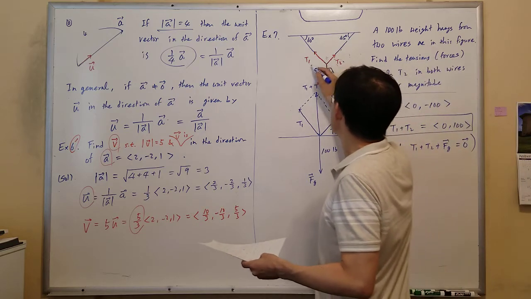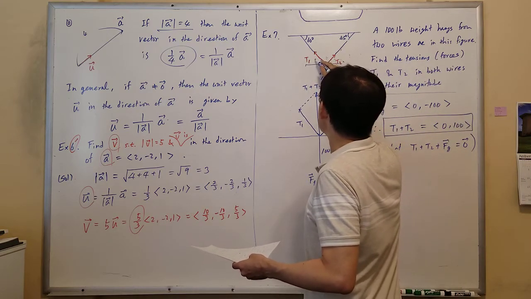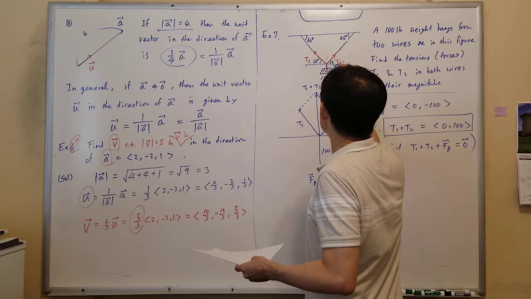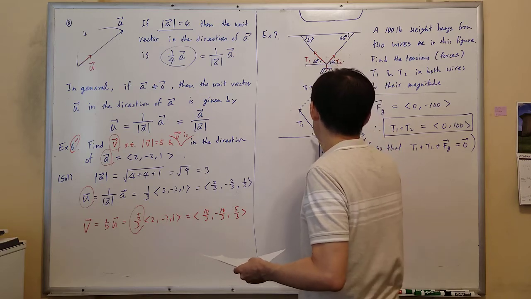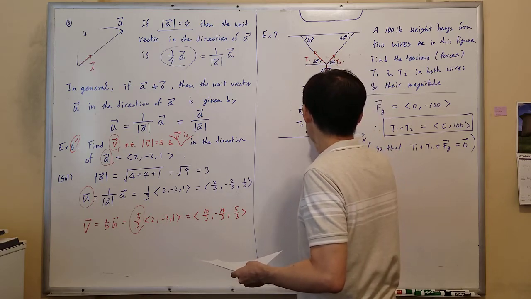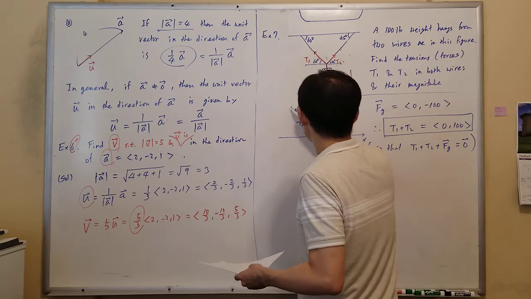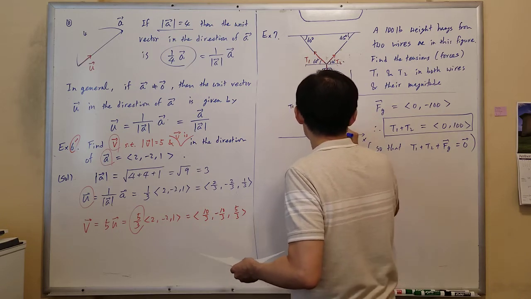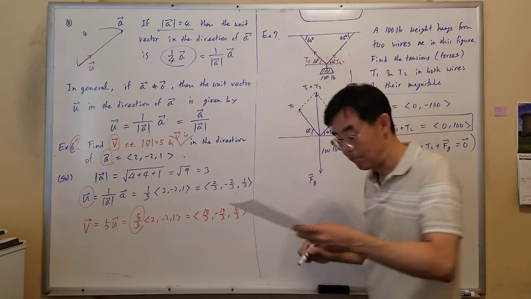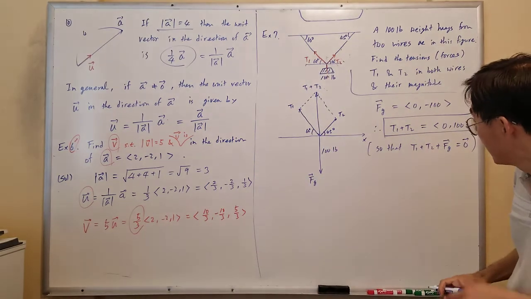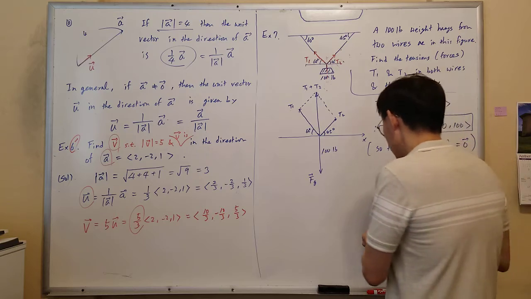So this is 60 degree, that means this is 60 degree, and this is 45 degree, all right? This is 60 degree, 45 degree, T1, 45 degree. Now let's analyze this.